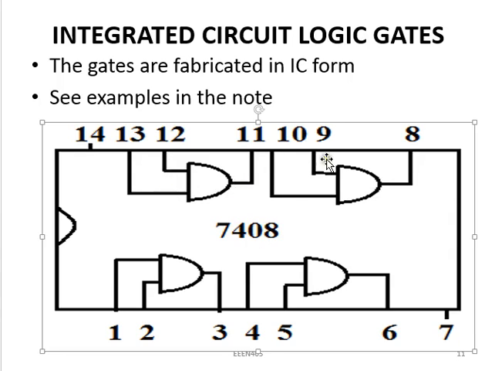If you look at the internal structure of the IC, we have 4 of these gates. You can have some numbers added in front of this 7408 or after it, but once this one remains the same, the IC remains the same. It contains 2-input AND gates, and there are 4 of them.